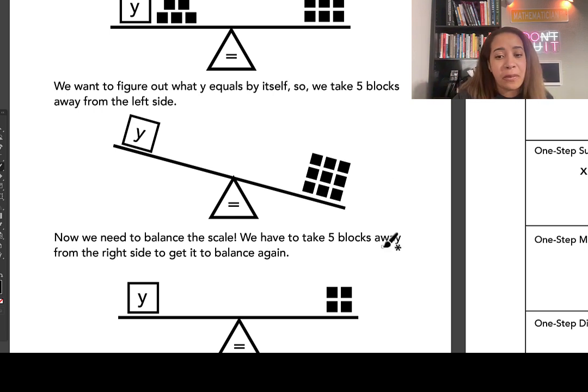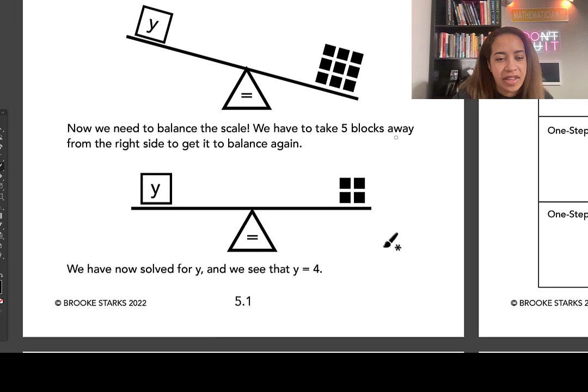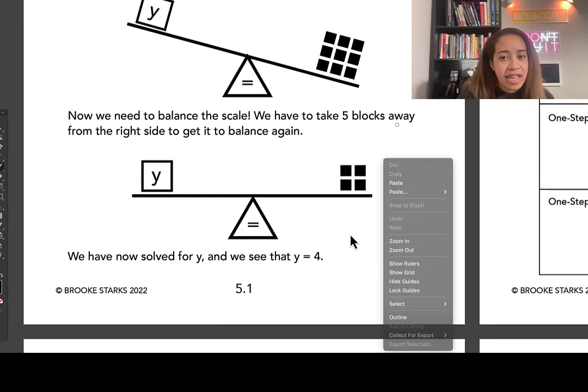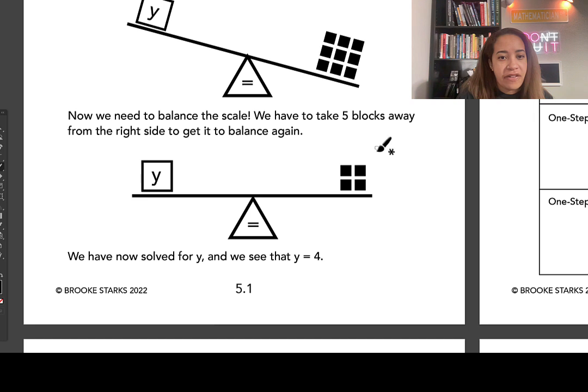We do need to balance the equation. So to balance the scale, we also have to take 5 blocks away from the right side to get it to balance again. Once you have balanced your equation and you have the variable by itself on one side, you will have your final answer. So we can see that y is equal to 4.